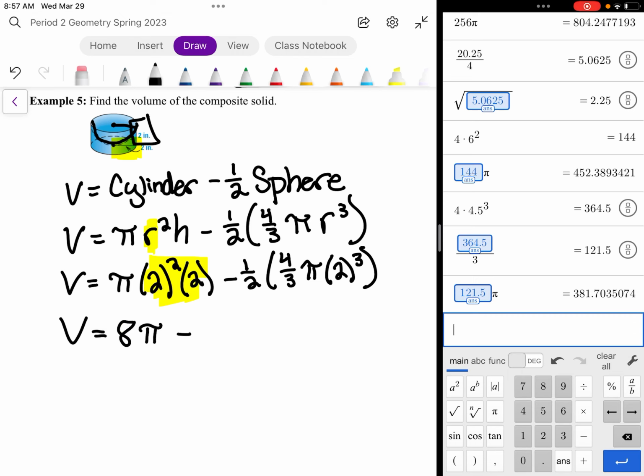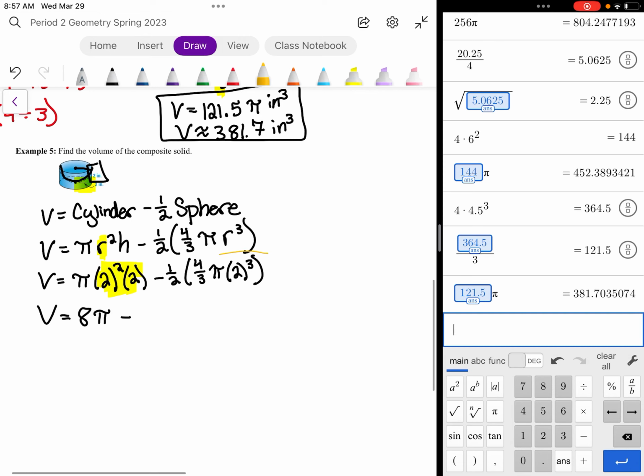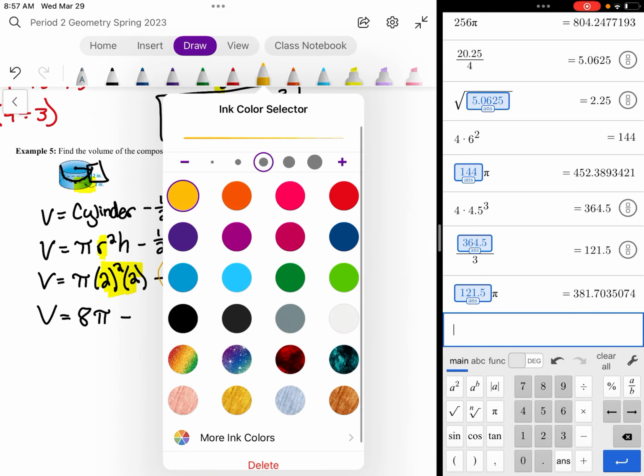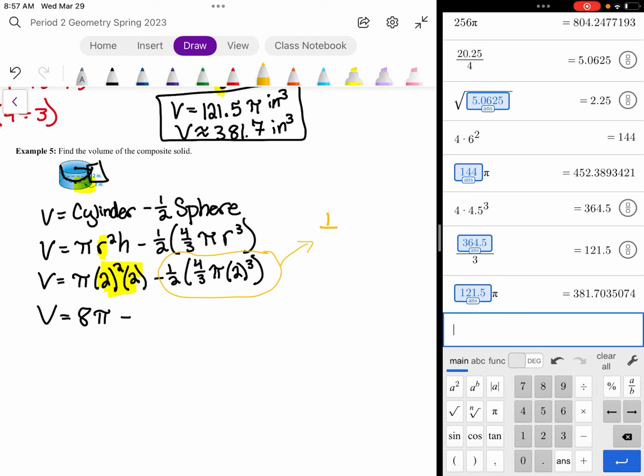All right, this one might be a little bit more work. So if we start, we'll break this up. We'll do it over on the side so you can see what I am doing. Okay, so we're going to have 1/2 times 4/3 times pi times 2 cubed. If we start, let's start by multiplying these two together. A fraction times a fraction, you just multiply the top and the bottom.